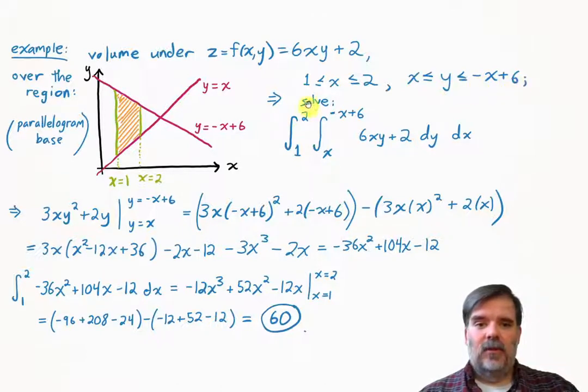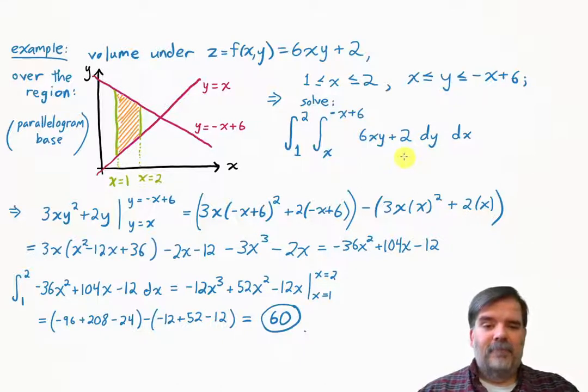And so now we have to solve this double integral. And this one's a little bit trickier because we have functions of x for both bounds on the inside, but the function we're integrating is a little bit simpler. So let's go ahead and calculate the antiderivative of 6xy plus 2 with respect to y.